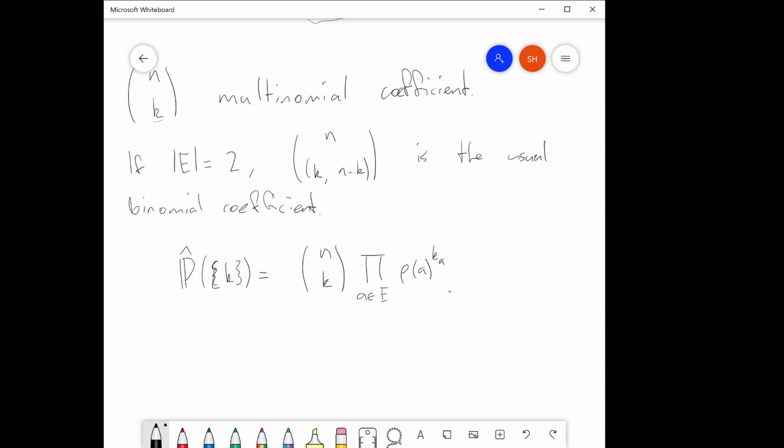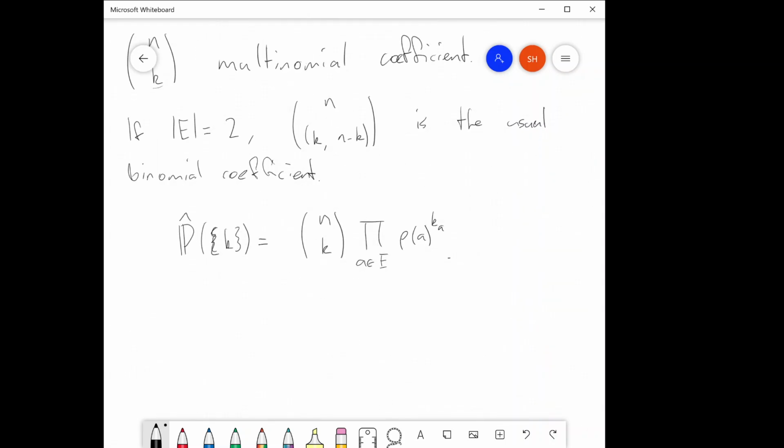And there we're finished. This distribution has a name, which, as you may have guessed, is the multinomial distribution.